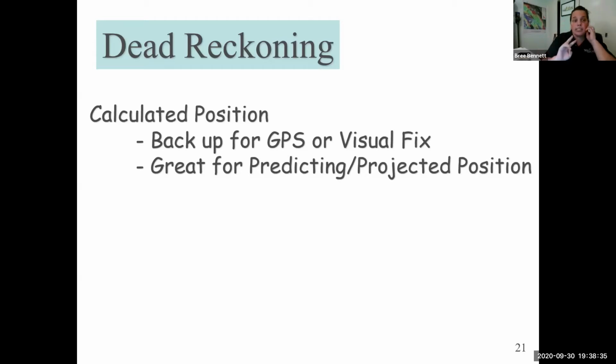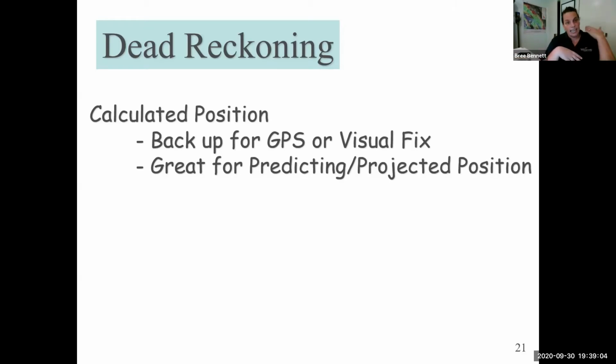There are 2 ways DR positions are used. One is as a backup for GPS or visual fixes. If for some reason you lose your GPS, you lose power on board, and there are no aids to navigation around you, you can start doing DRs to get a better idea of where you currently are.